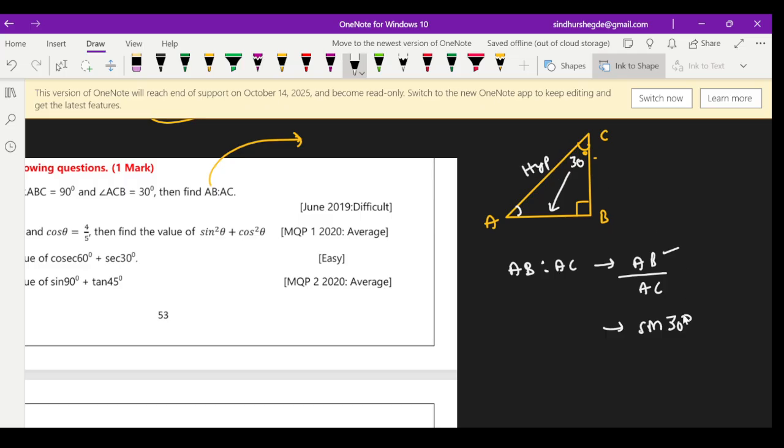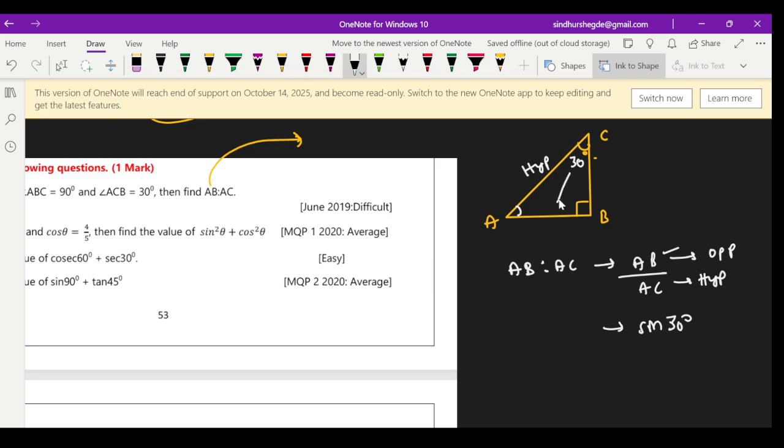Hypotenuse is AC. So this is hypotenuse, this is opposite or perpendicular side. I remember this as opposite side because instead of perpendicular, sometimes I get confused. So wherever the angle is, simply look at the opposite side as I have drawn over here.